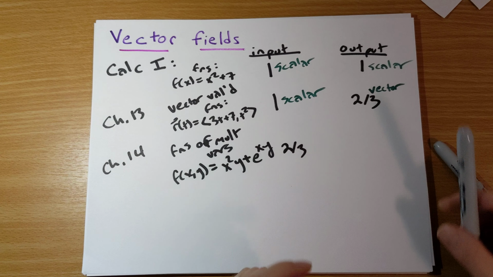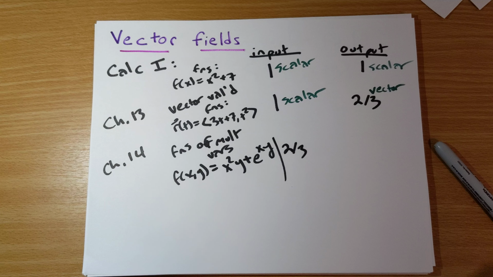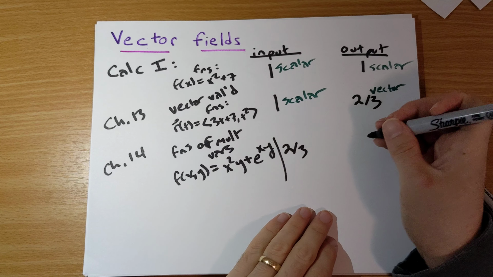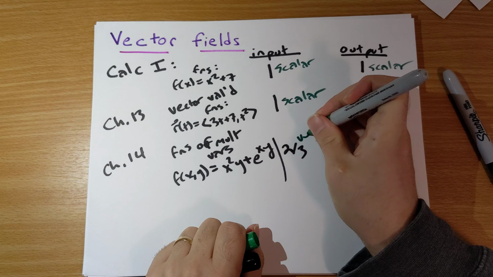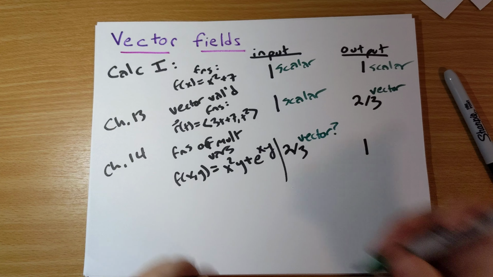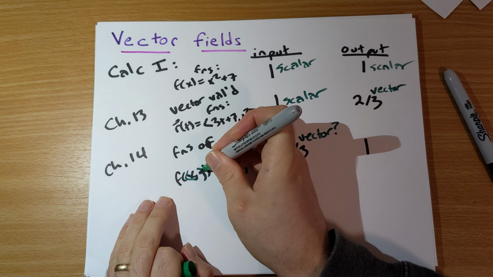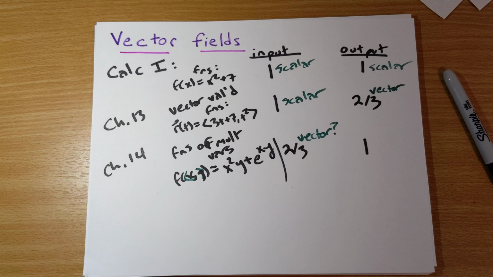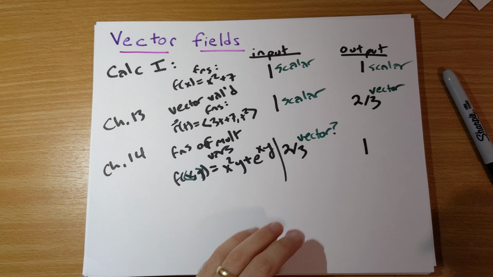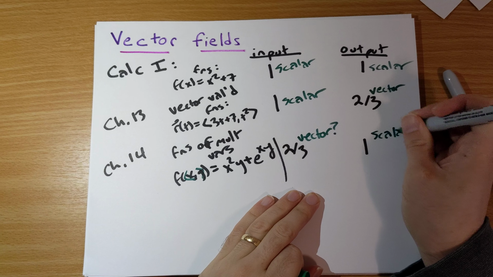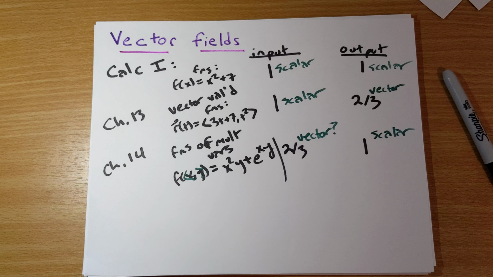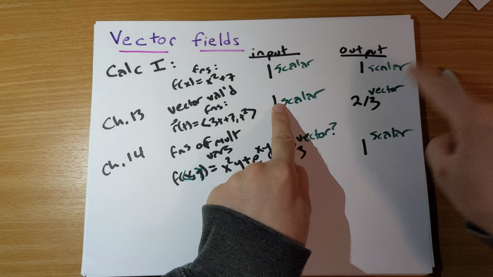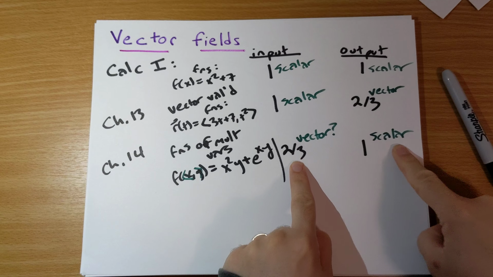But we have one output here, x squared y plus e to the xy. That's a single number. That's a scalar. In some sense, perhaps we could think of the input x comma y as being a vector input. We could rewrite this as a vector containing x and y. And then the output here is a scalar. Okay, so input scalar, output scalar; input scalar, output vector; input vector, output scalar.